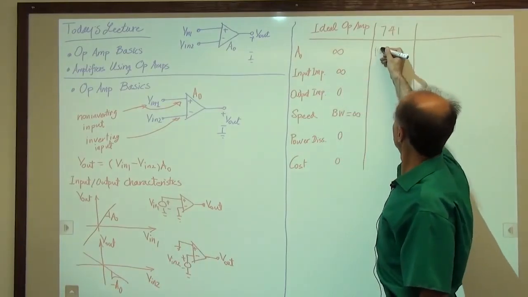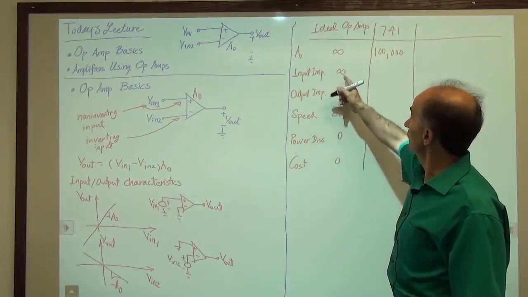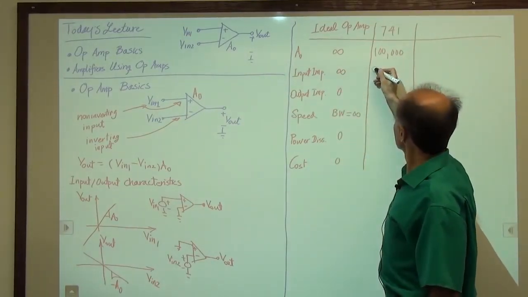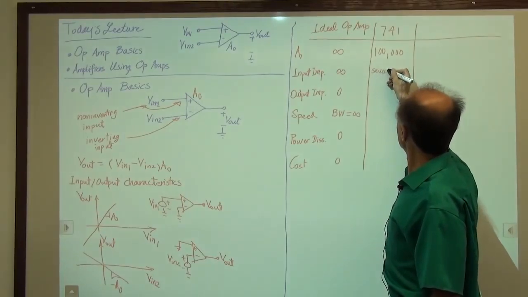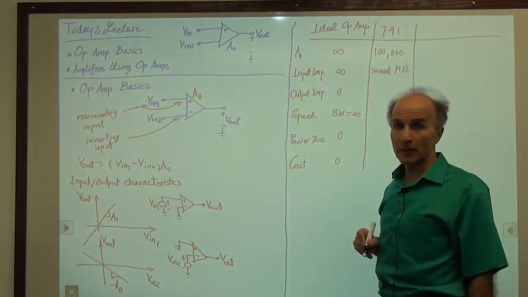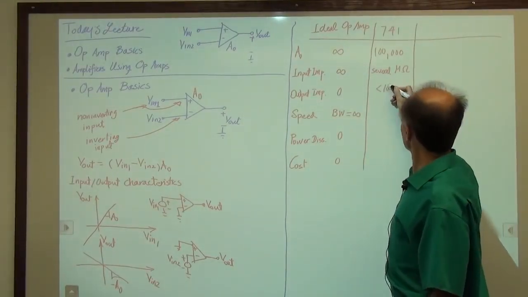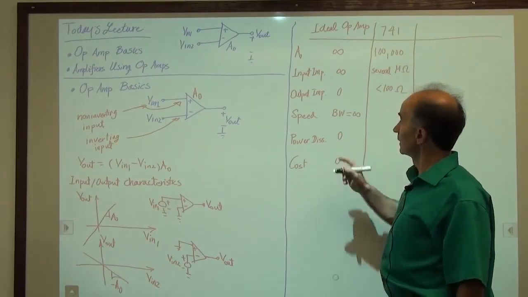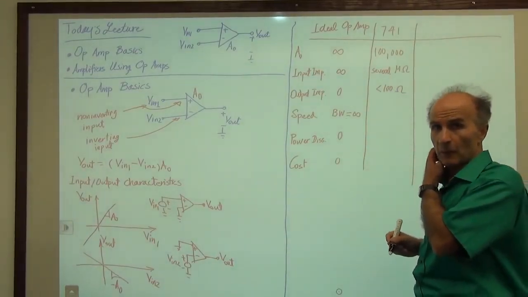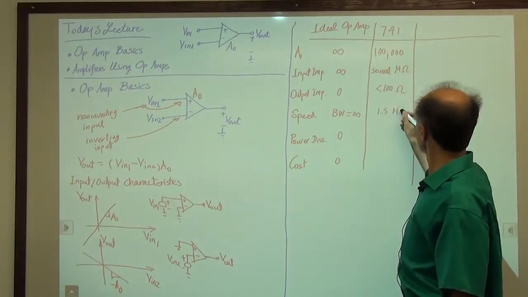That's a very high gain. So 100,000. The input impedance is several mega ohms, so we'll just say several mega ohms. The output impedance is less than 100 ohms, so less than 100 ohms. The bandwidth of that op-amp is a few megahertz, 1.5 megahertz. So 1.5 megahertz.